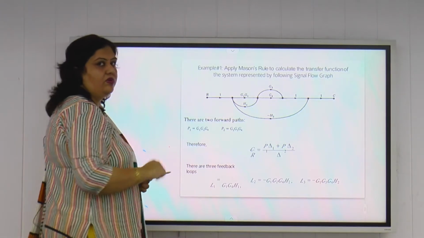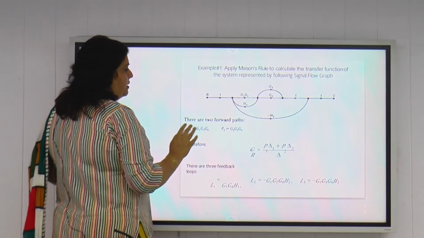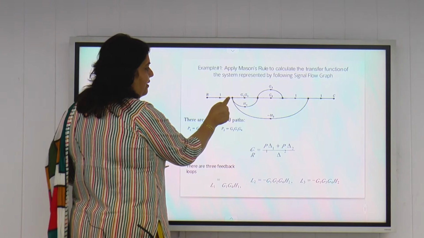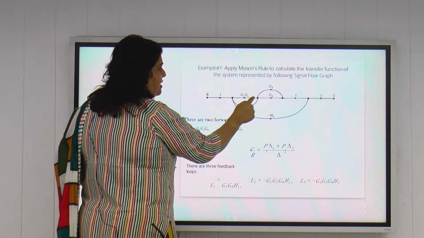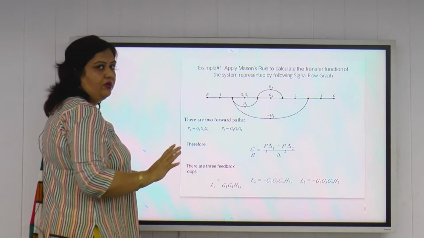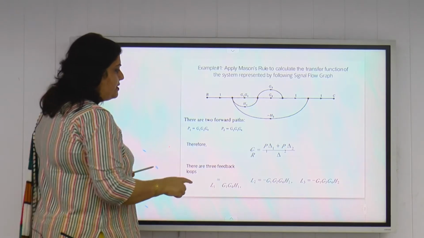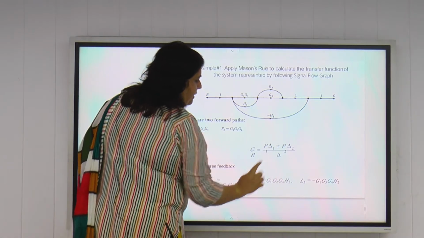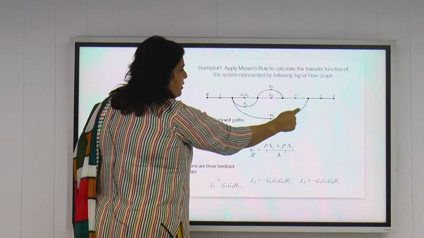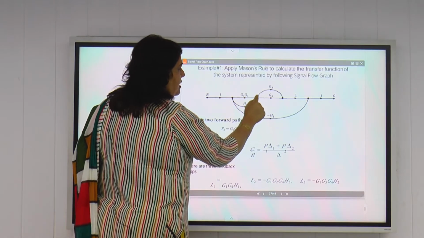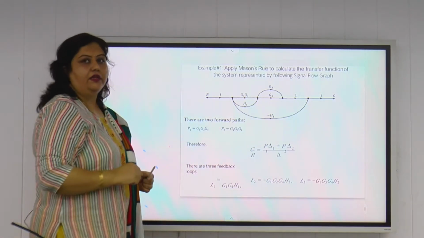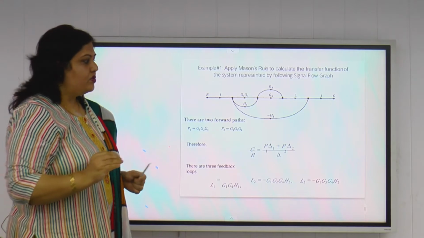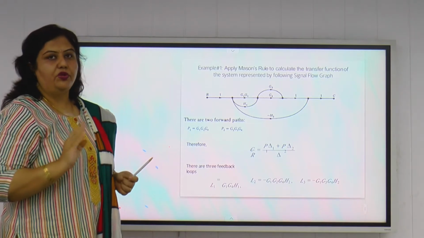This is also not non-touching, because they have this node and this branch in common. Next we check L2 and L3. L2 was this loop and L3 was this loop. So they are also touching. They are also not non-touching. So we have no pair of non-touching loops here.